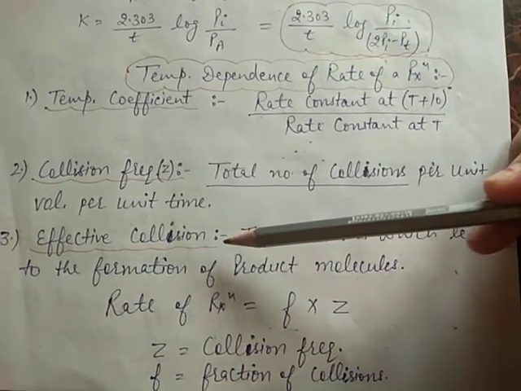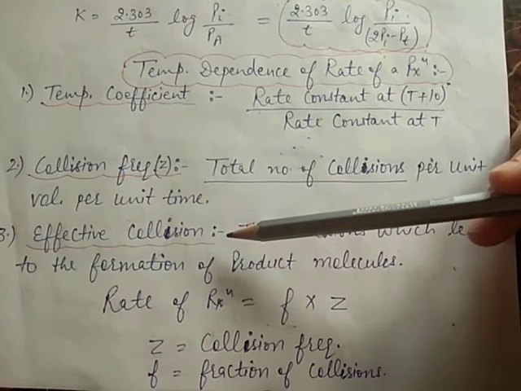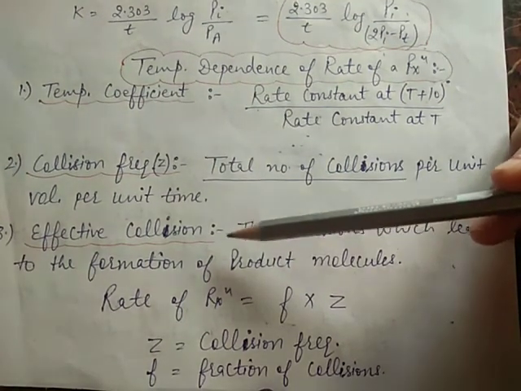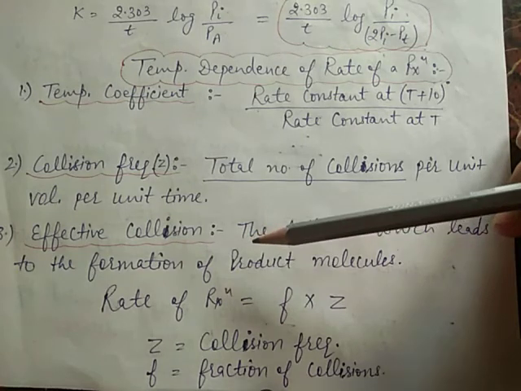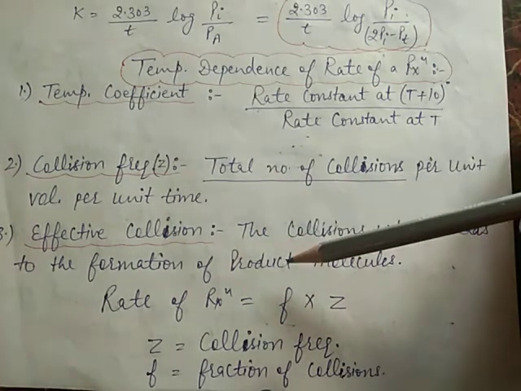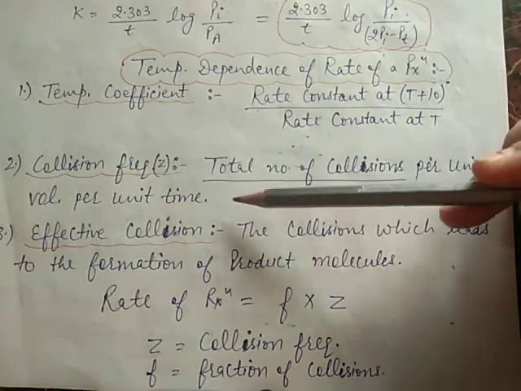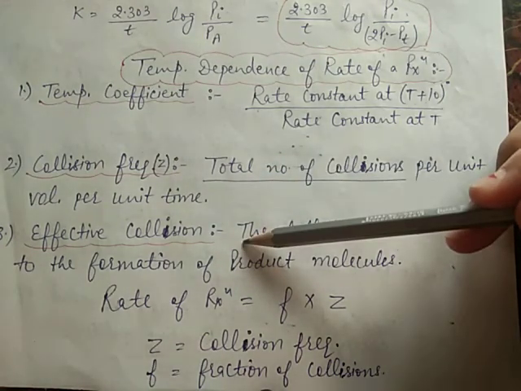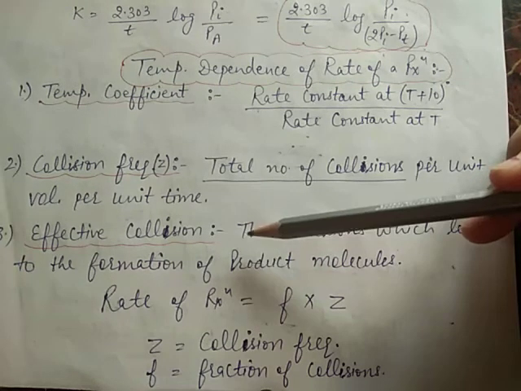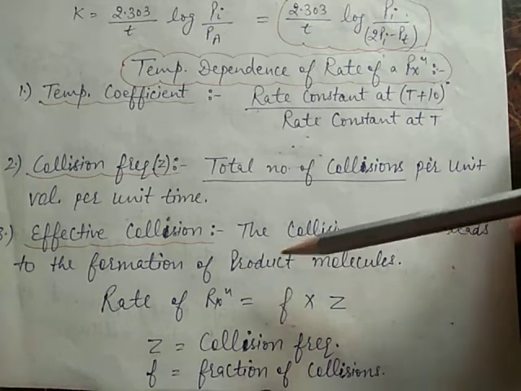Now next is effective collision. Even if a high number of collisions take place, the reaction can be slow. This is because all the collisions are not effective. There are two factors which decide whether a collision will be effective or not.